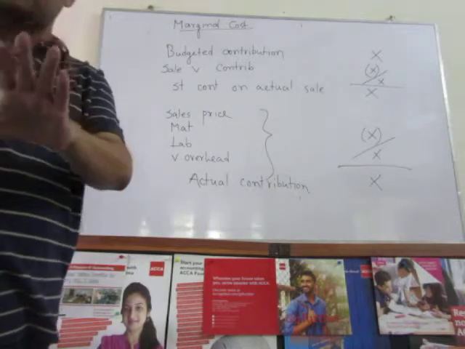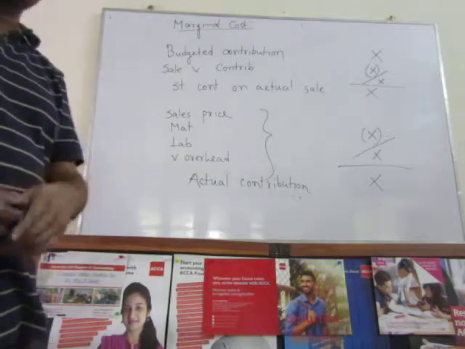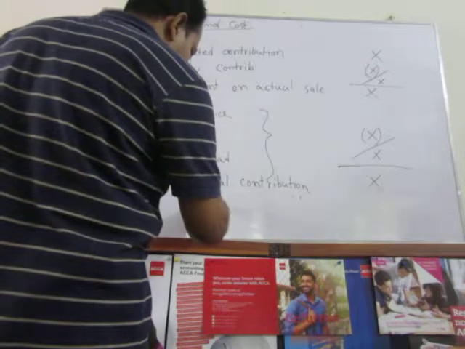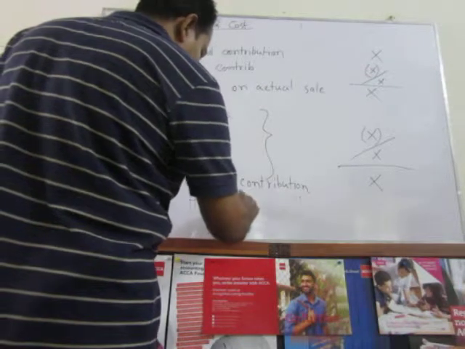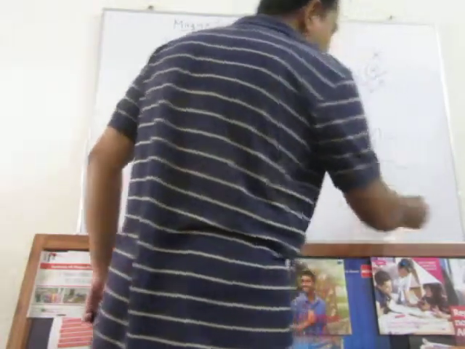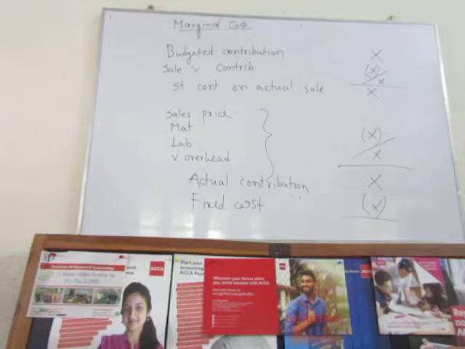When you have the actual contribution, from this actual contribution, if you deduct fixed cost originally incurred, then you can have the profit or loss.